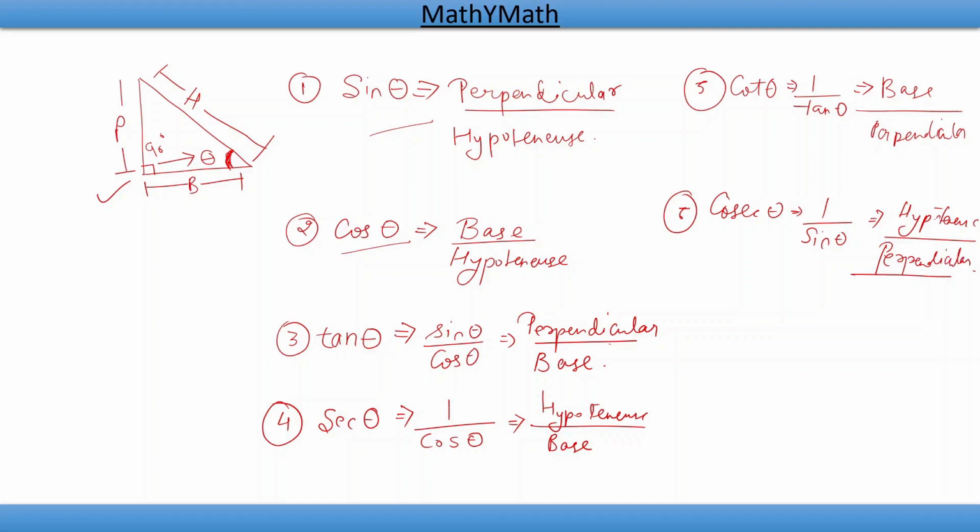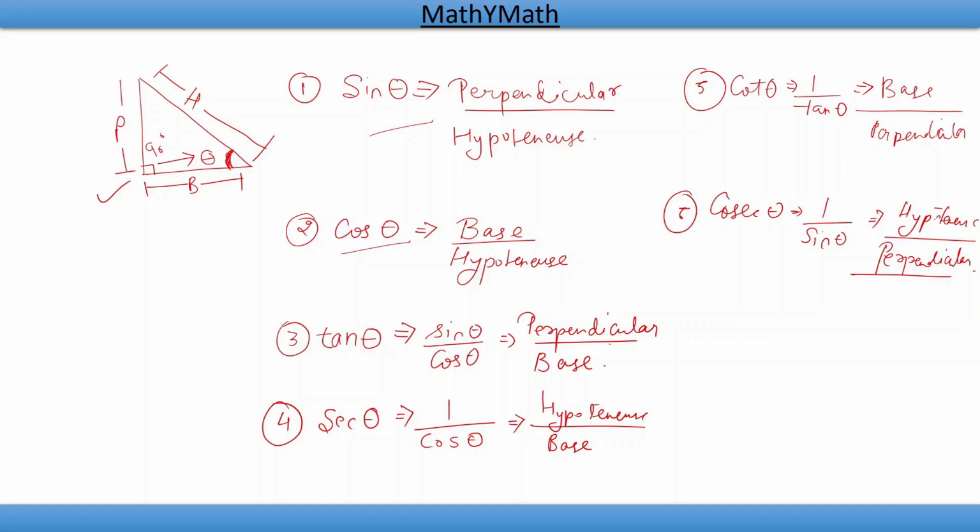Okay, so these are your 6 ratios. To completely understand this topic of trigonometry, you need to learn all these ratios, and when we apply them, it will be very easy.